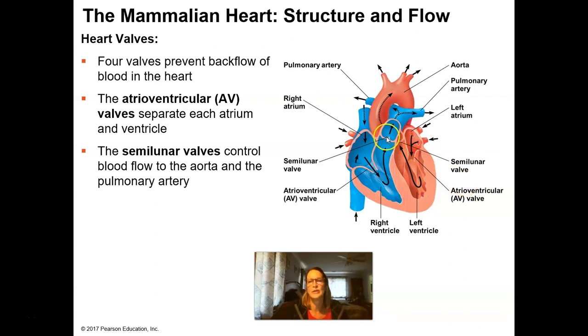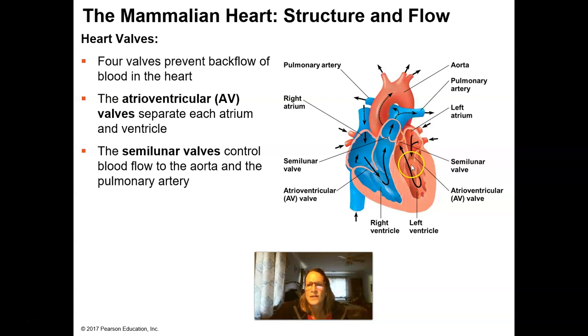And then the semilunar valves separate the blood from the ventricle to whatever the vessel is that's moving the blood out of the heart. So in this case over here, for the right ventricle, this semilunar valve is controlling blood flow from the right ventricle to the pulmonary artery.